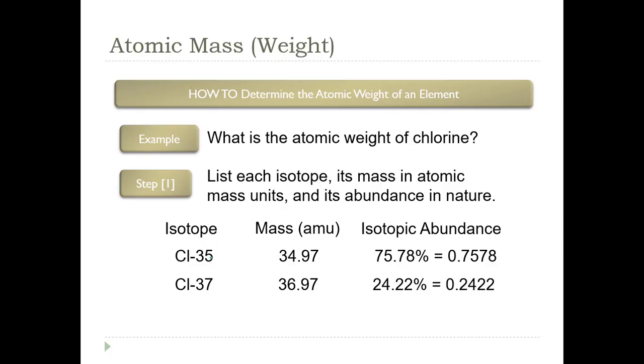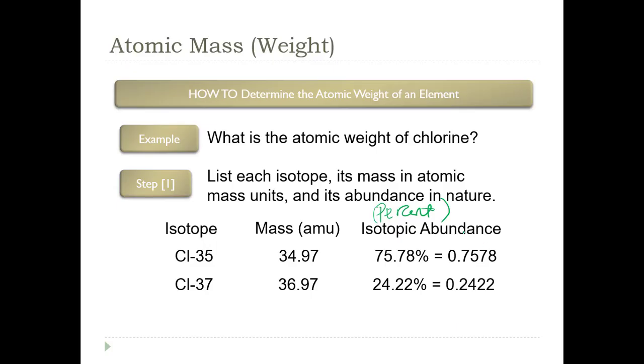The mass of chlorine 35 is 34.97, and that of chlorine 37 is 36.97. Given here is the isotopic abundance or percent abundance, and what you have to do is divide these percents by 100 to give you a decimal number.